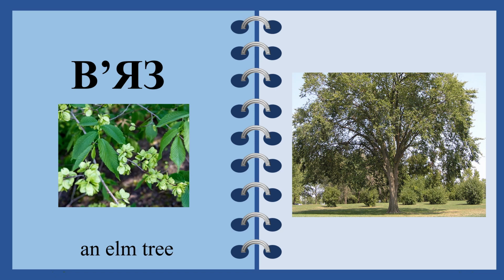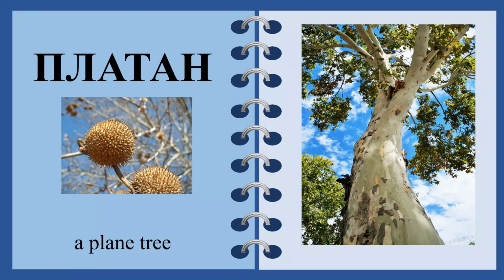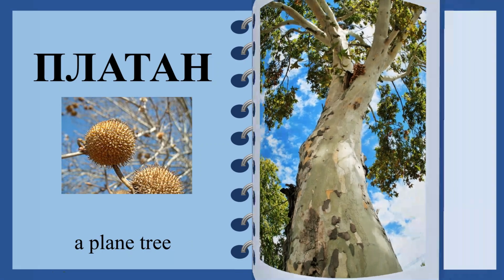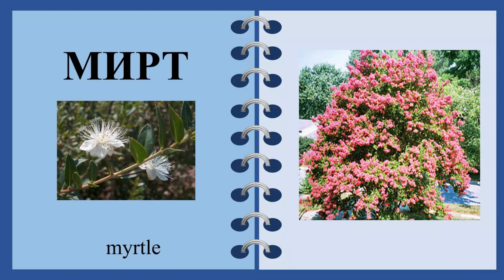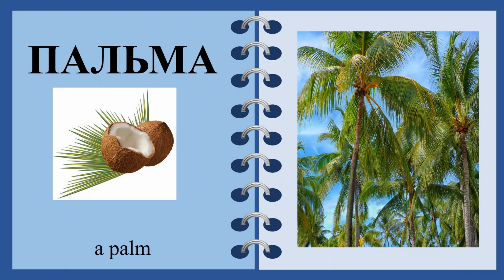Like there is a very tiny break or gap between these two letters. Vya, v'yaz. Платан. Мирт. Пальма.